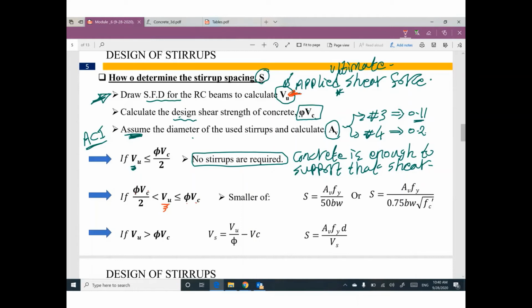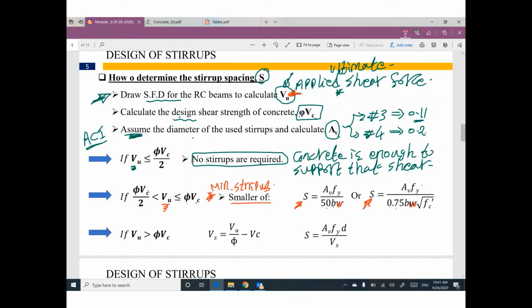That means we need minimum stirrups because concrete is still good, but you are critical a little bit, so we need minimum stirrups just in case. ACI tells you we have 2 values for the spacing: area V times F yield divide 50 B web, or area V F yield divide 0.75 B web square root F prime C. Which one am I gonna use? The smallest value for the spacing.